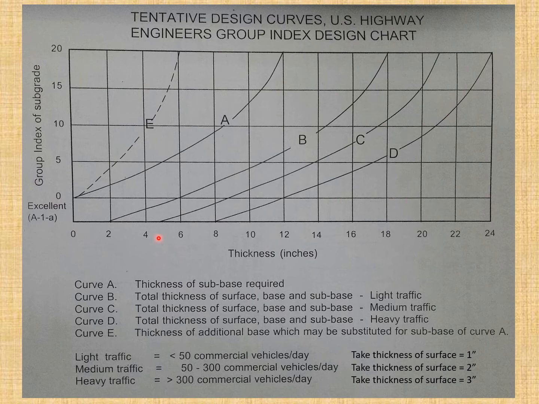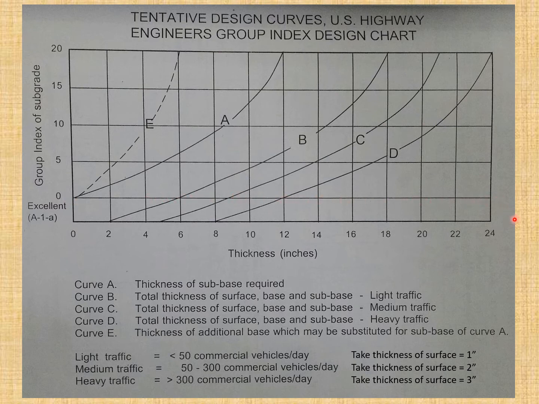So I will repeat, this axis is meant for A1A, and for A1A the group index is always 0. For other materials other than A1A, if the group index is 0, then you will have to consider this axis.